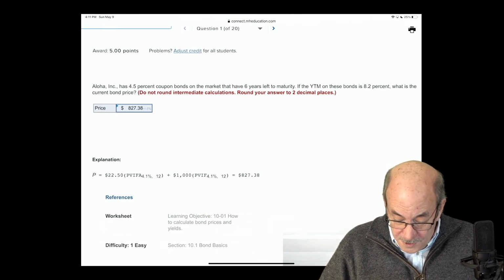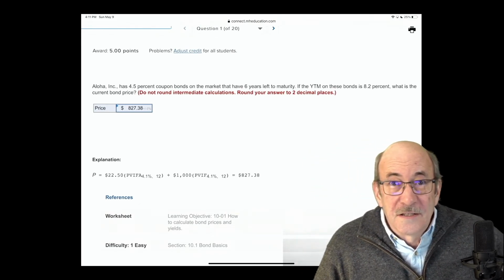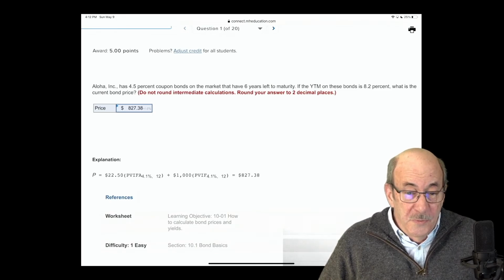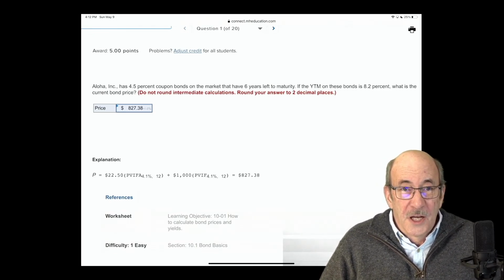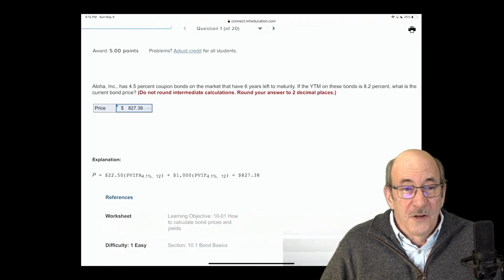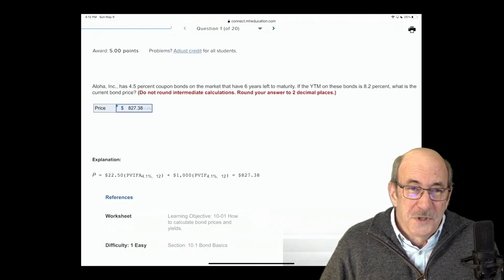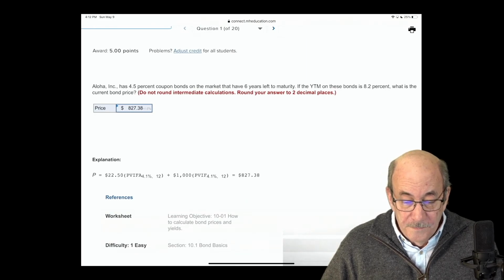The only potential snag here is: is this an annual bond or a semi-annual bond? The protocol that your authors have taken in this chapter is, if you're not told differently, to assume that it's a semi-annual bond, which is what most bonds are. And then also assume a $1,000 face value.